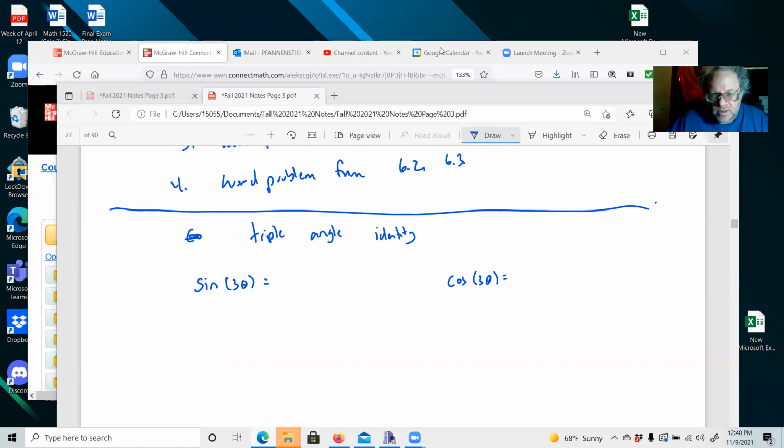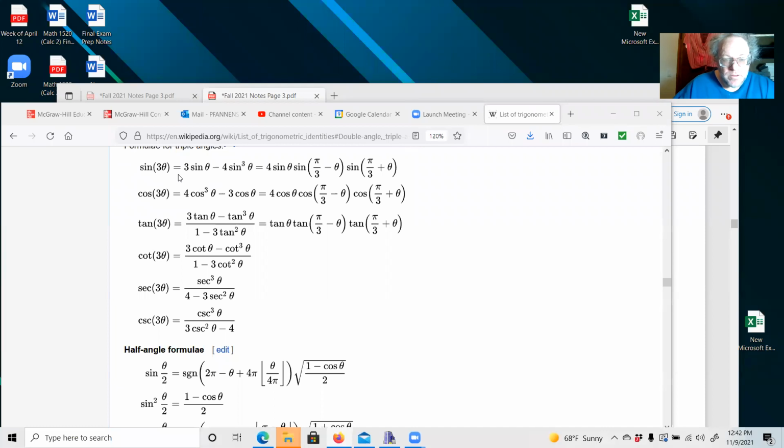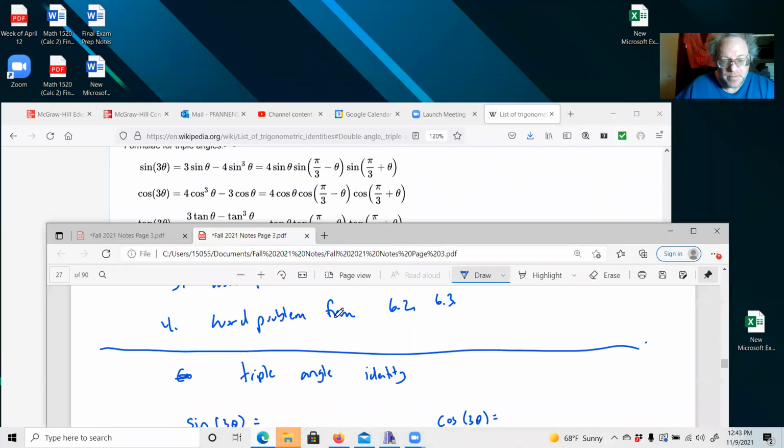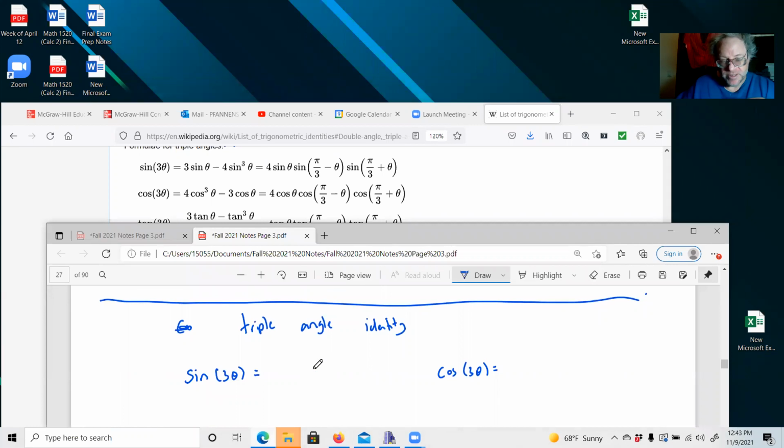Pause this. Like I said, this is Wikipedia. You're free to look them up. It's either going to be sine 3 theta or cosine 3 theta, and you don't look them up on the quiz. So this is 3 sine theta minus 4 sine cubed theta, and 4 cosine cubed theta minus 3 cosine theta.